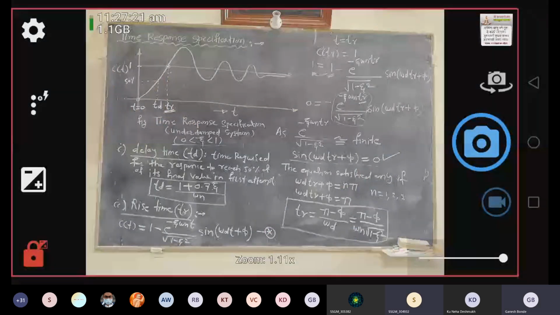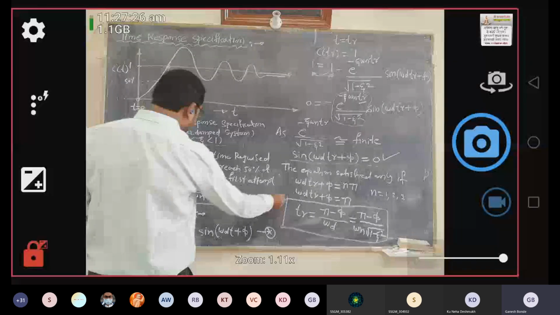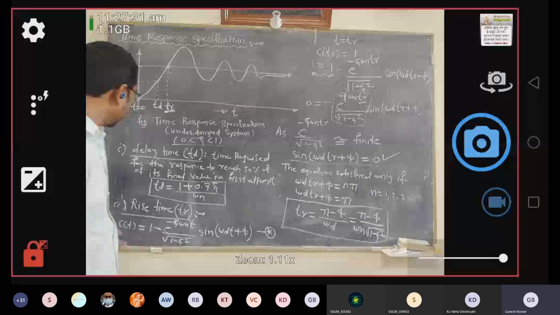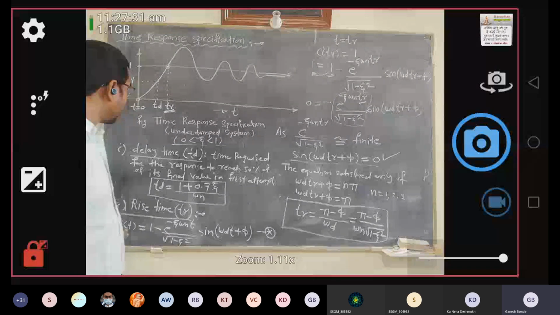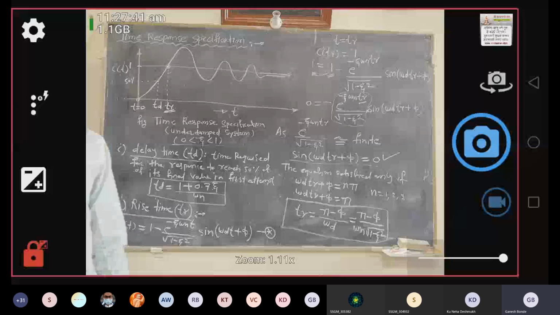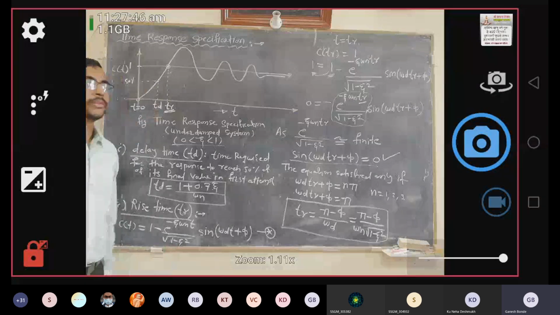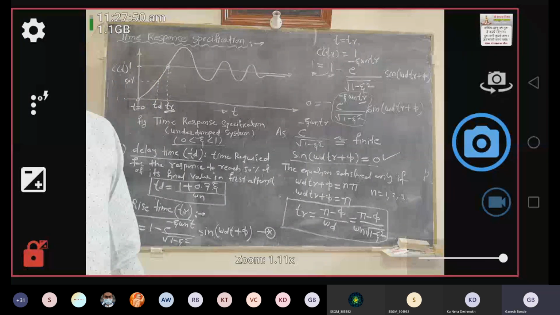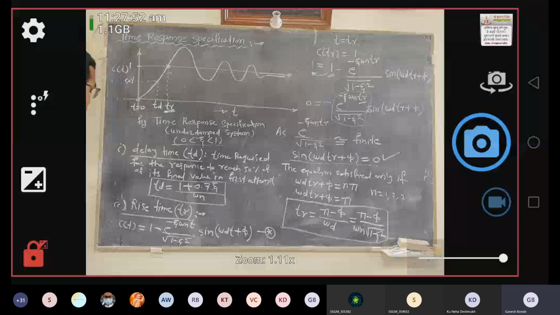This is your first time response specification, and this rise time TR is determined from the time response of an underdamped system. It is given by C of t equal to 1 minus e raised to power minus zeta omega n t upon square root of 1 minus zeta square into sine of omega d t plus phi, where phi is given by tan inverse of square root of 1 minus zeta square upon zeta.